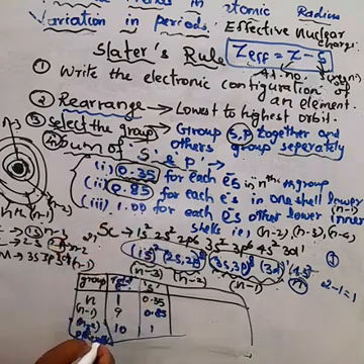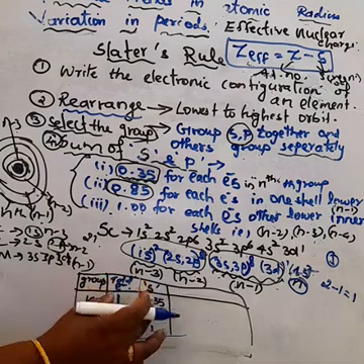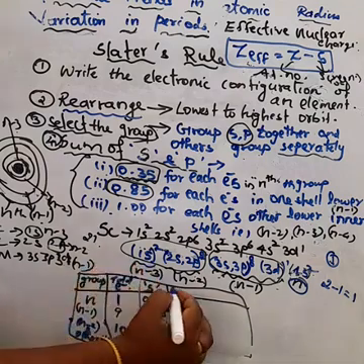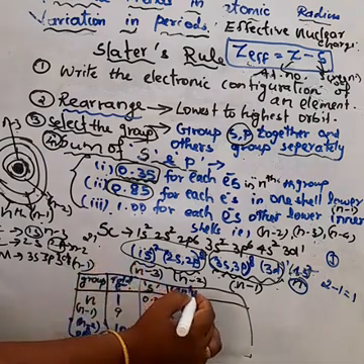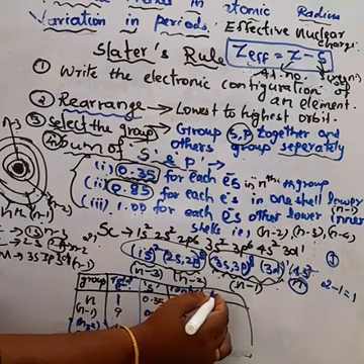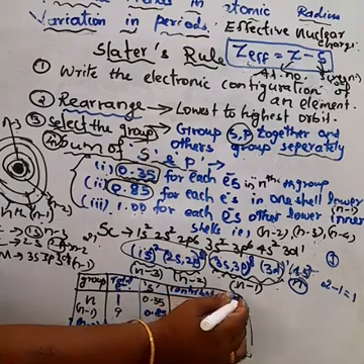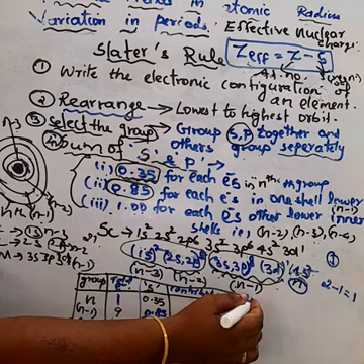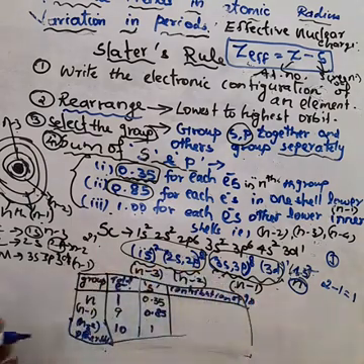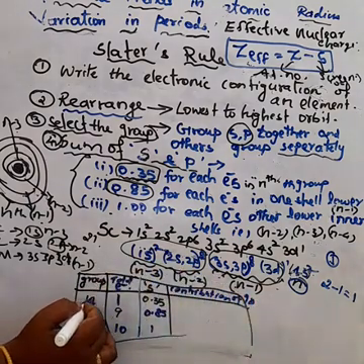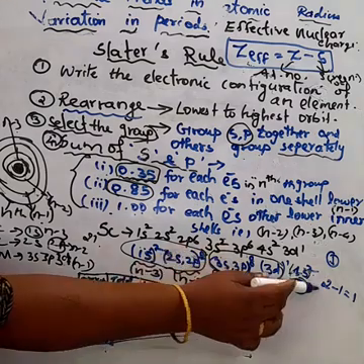Okay, understood? Now we are going to multiply the number of electrons and the S value, because this is the S value for each and every electron of this group. So for the nth orbit, totally 2 electrons are there, 1 left, and only 1 electron remaining.